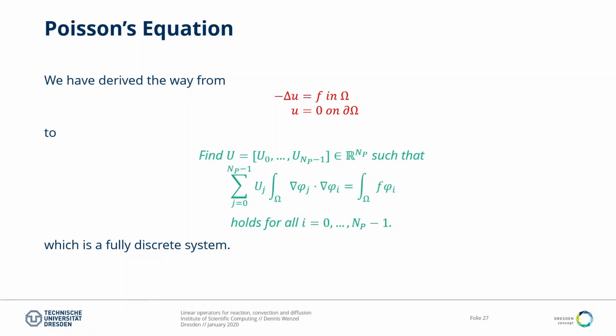So the task is to find the vector u such that this discrete weak problem, including only the basis functions phi j and phi I, and those vector coefficients here, is true for all basis functions. So you can revisit the lecture about the global basis functions if you need more information about how we got there. And this is a fully discrete system.